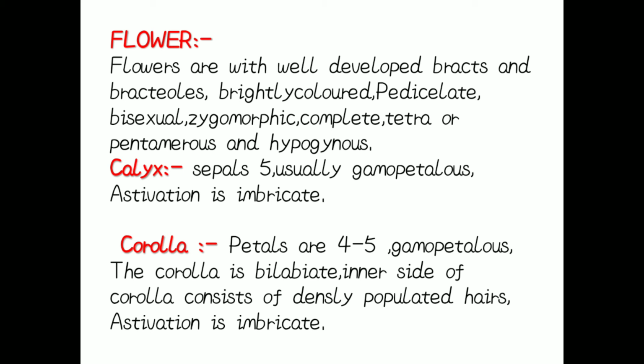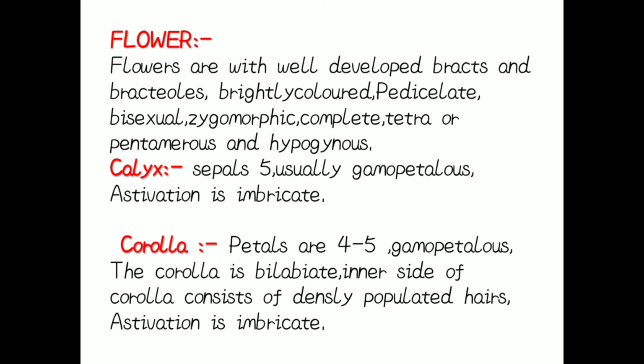Everyone, even humans, are attracted towards the flower because of the attractive color of its petals. The petals are 4 to 5, and they are gamopetalous. As with the calyx, the corolla is usually joined, so we use the terminology gamopetalous.